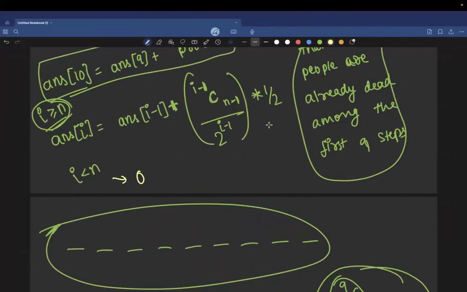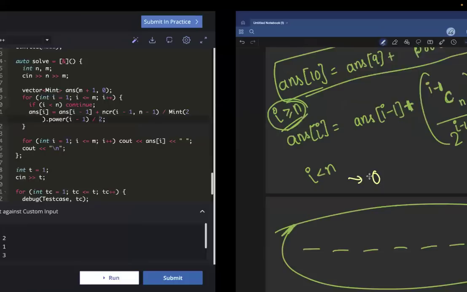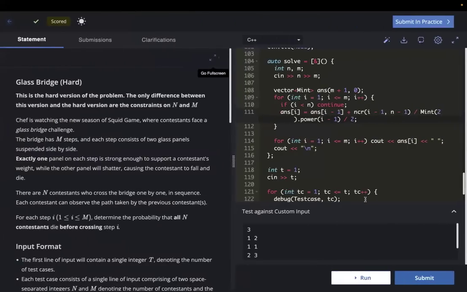So multiplying with 1 by 2 or dividing by 2 is the same thing, and at the end I'm just printing the answer and so on.